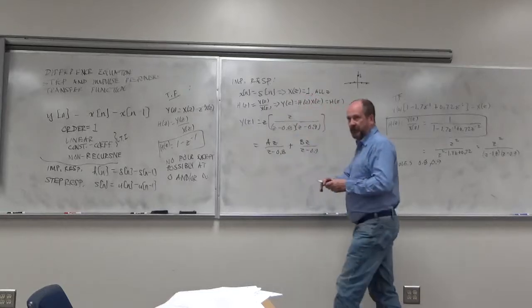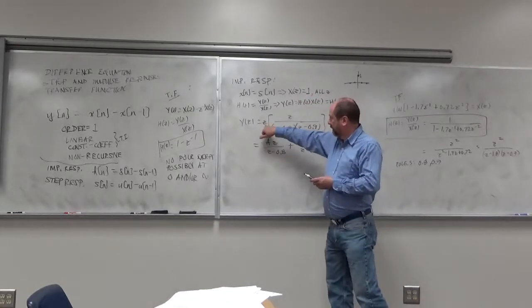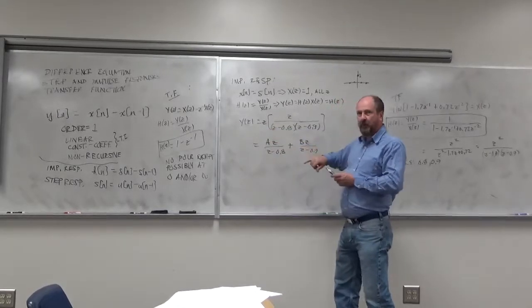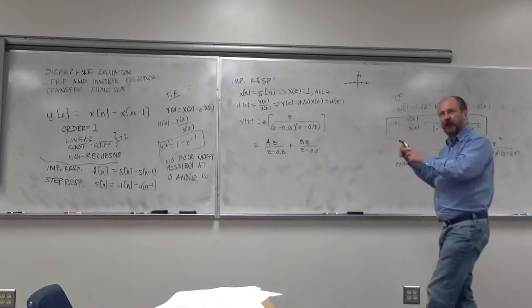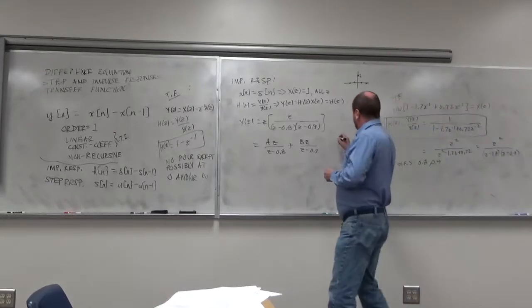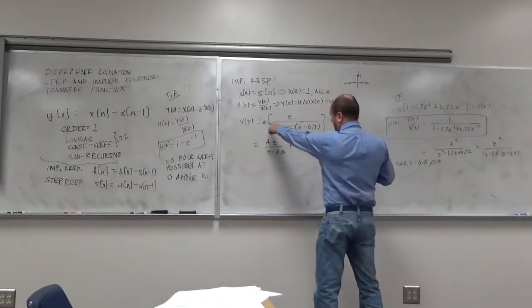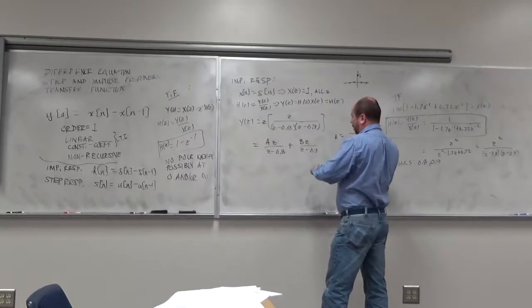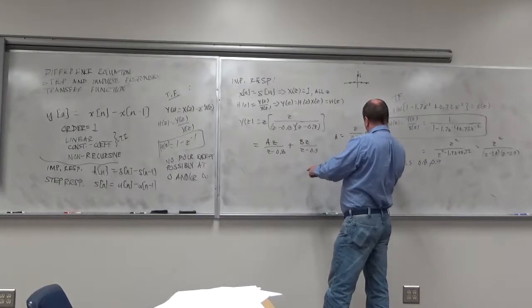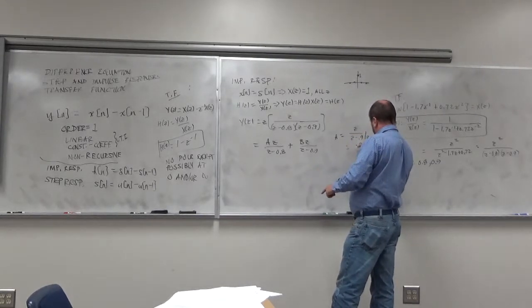Now, I want you to notice, and remember this, that the z that I factored out gets pulled back into the numerators. That z has no impact on finding the coefficients. So A, we still have a z in the numerator, and it's z minus 0.9, evaluated at 0.8. That's 0.8 over negative 0.1.